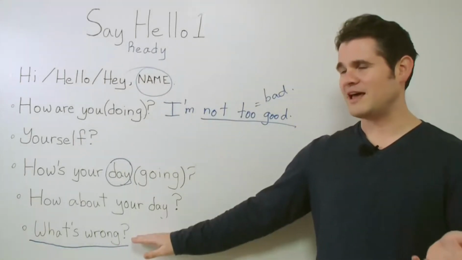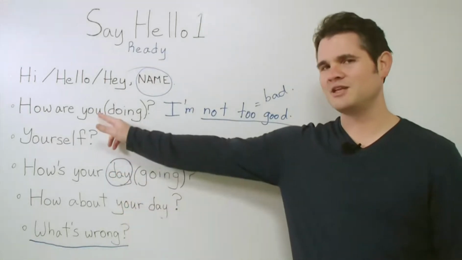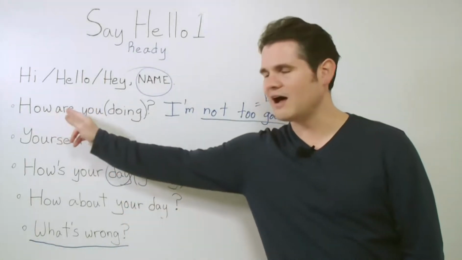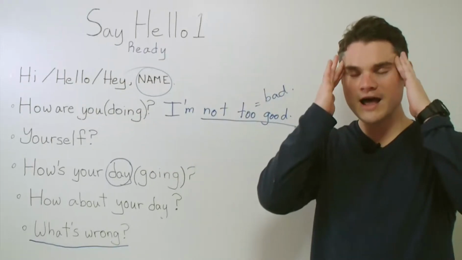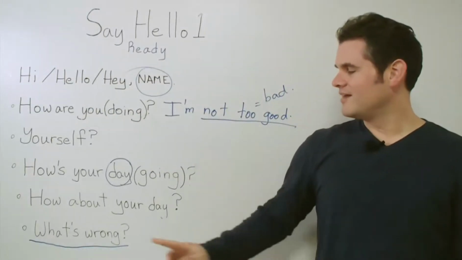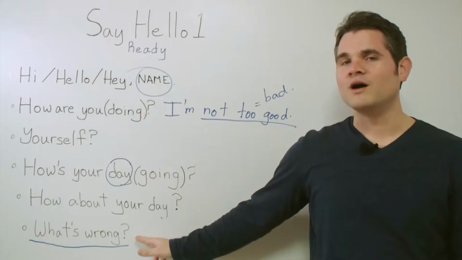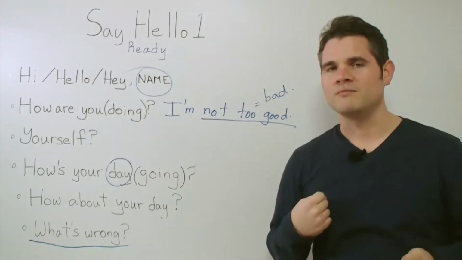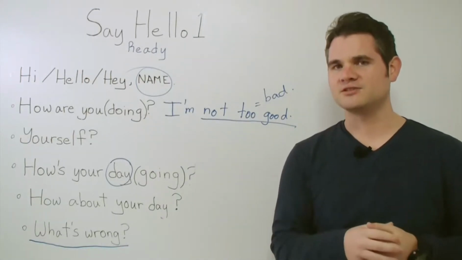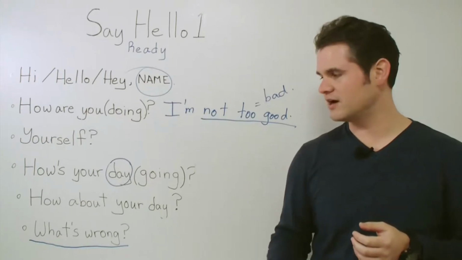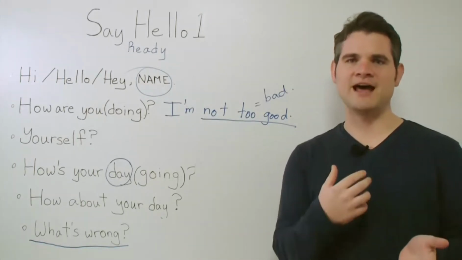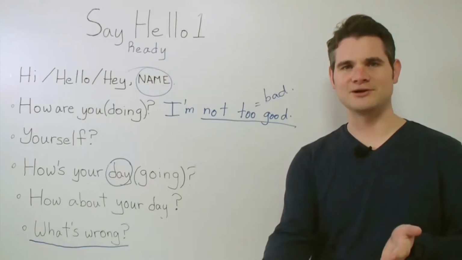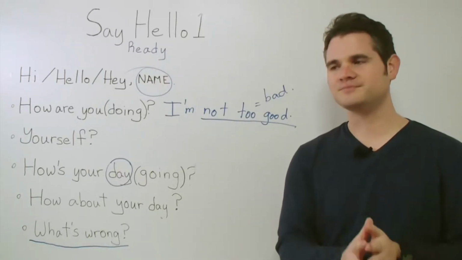So they will give you that information, and they may even give you that information. How are you doing? I'm stressed. You can still follow it up with what's wrong, and they will give you a more detailed answer as to why they are stressed. Always ask this when a person is in a bad condition. You need to show concern for the person.